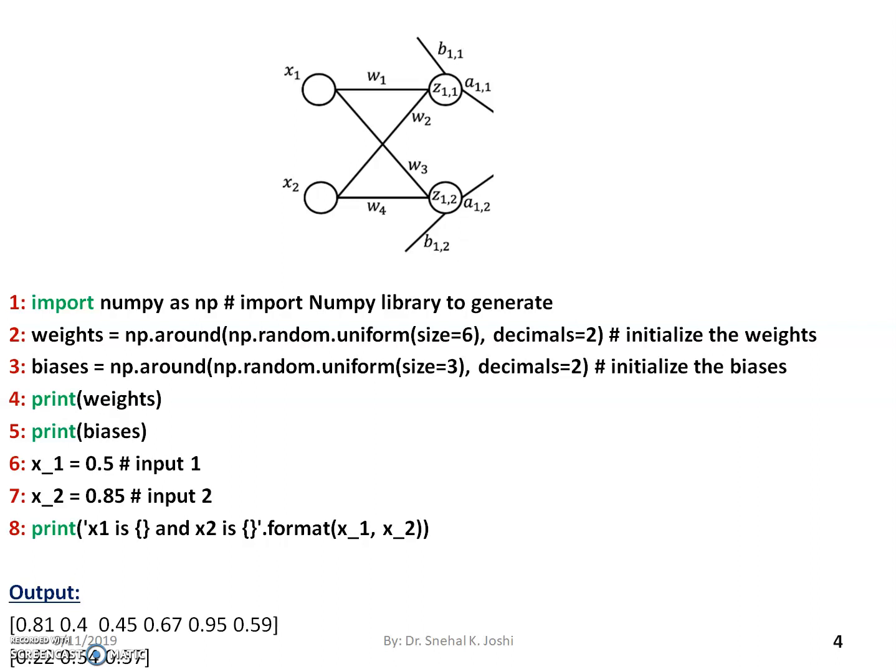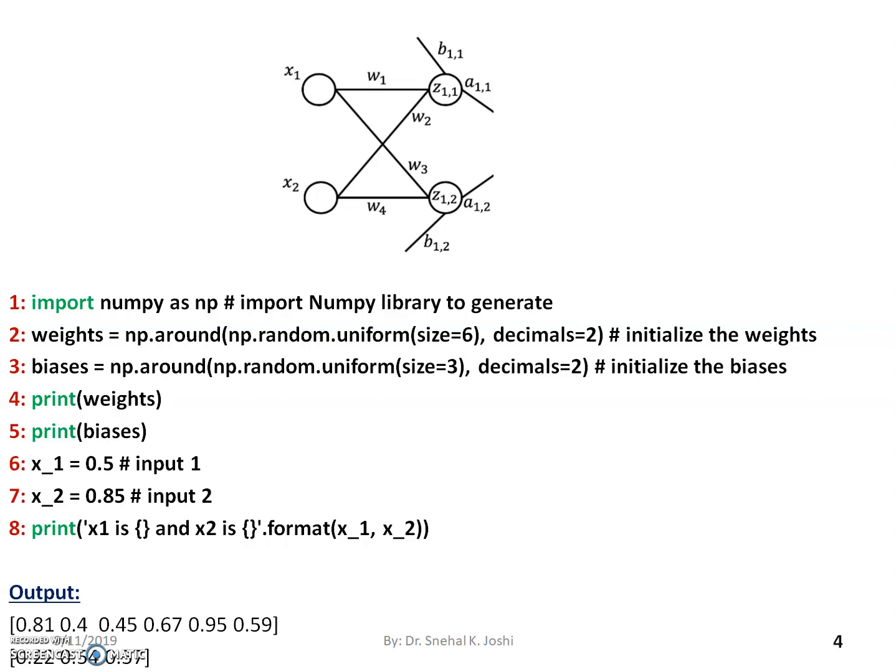As shown in line 5, we will display these randomly generated values. We can see the output which shows the randomly generated values for weights and biases. Now, we will use these values to obtain weighted sums Z11 and Z12.